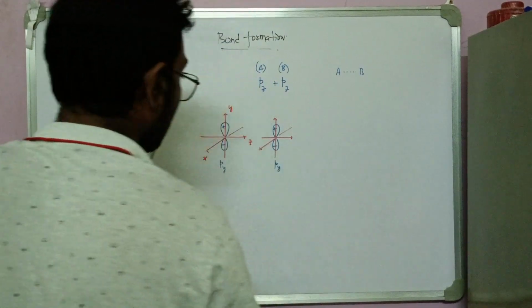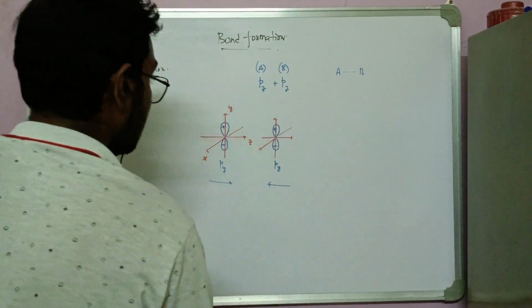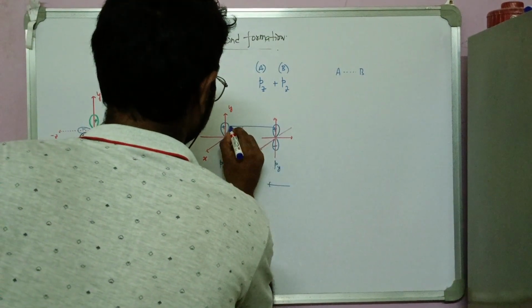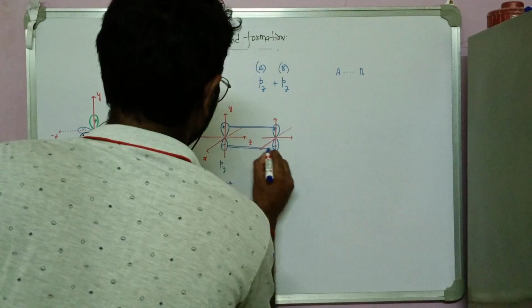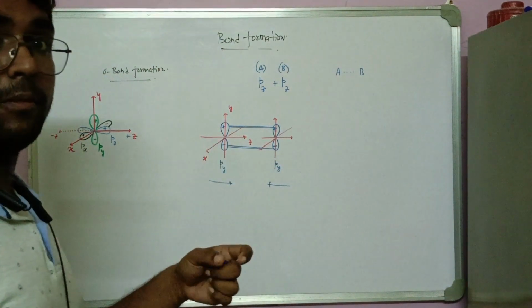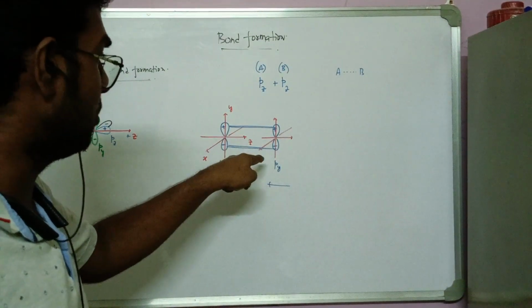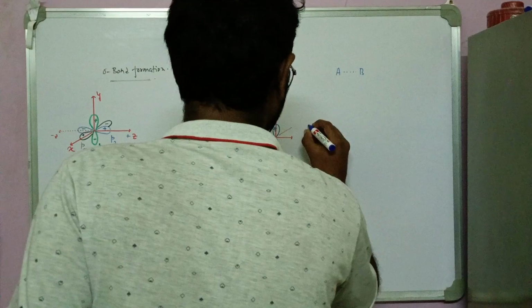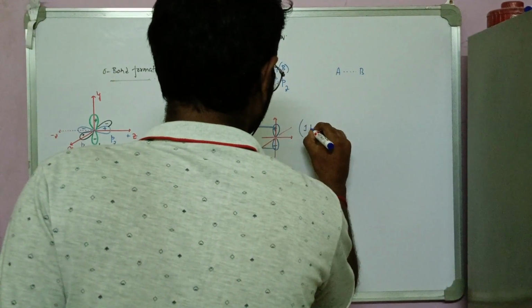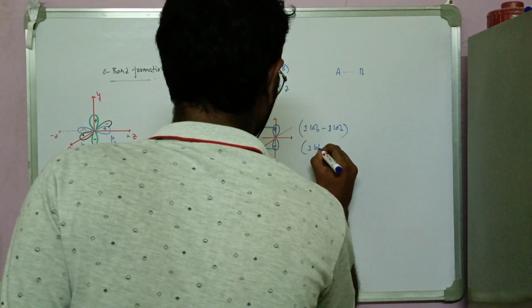So this will be the py orbital, and if they come closer to each other, then how many lobes will be interacting? So you can clearly see this lobe and this lobe will interact, but that doesn't mean that they will be forming two bonds, one from this lobe interaction, one from this lobe interaction. Many of you can say that the upper part is showing one lobe interaction, and the lower part is also showing one lobe interaction.